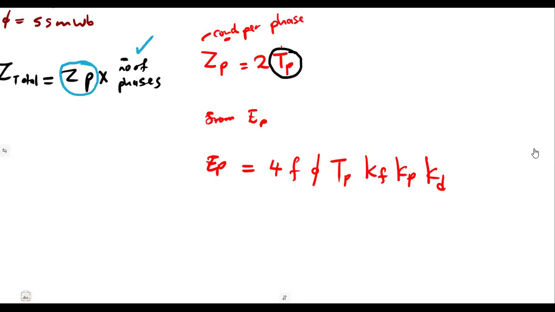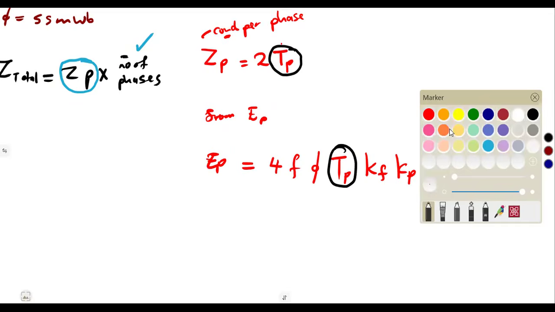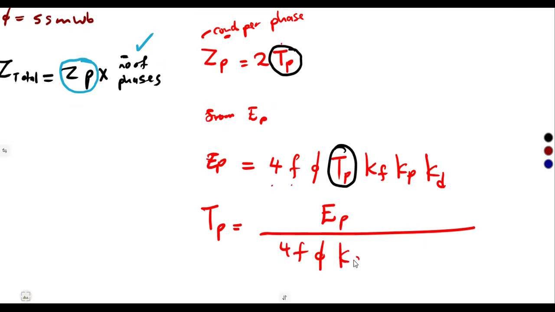So we need the TP from there. From there, we can make TP the subject, meaning TP was going to be given as EP over all these: 4F, useful flux, KF, KP, and KD. This is what you're going to have.